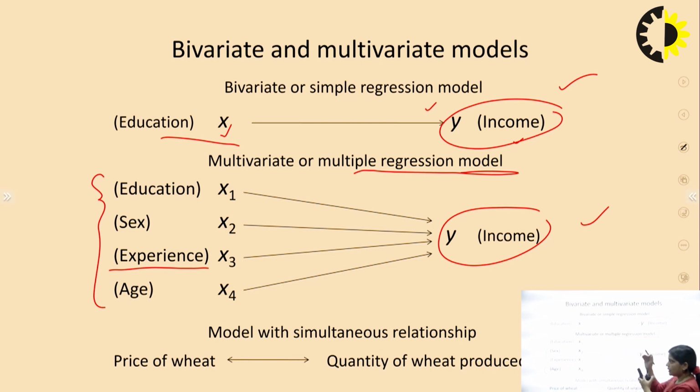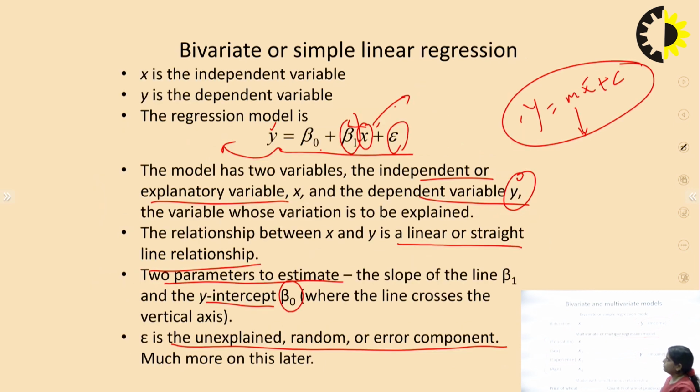Here we have multiple input variables, like education, sex, and experience or age. Based on these multiple variables, we are going to predict the target variable, that is the income variable. So, that's the example.